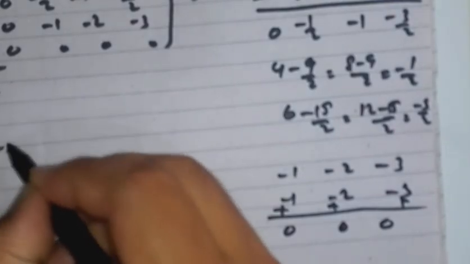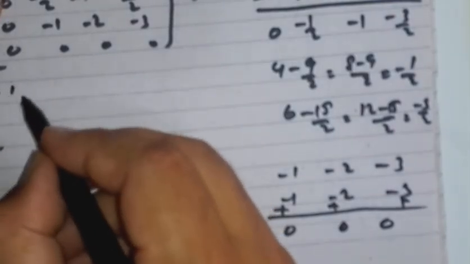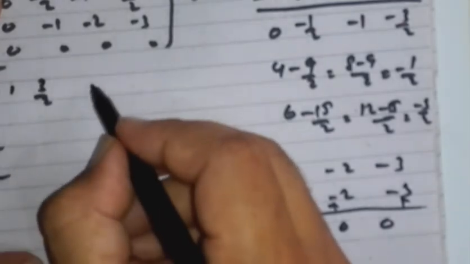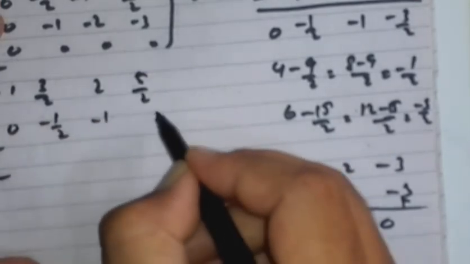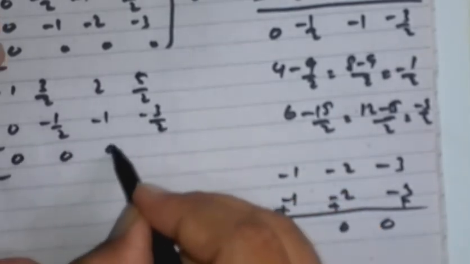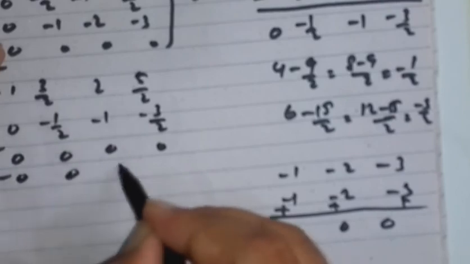So row operation: 1, 3 over 2, 2, 5 over 2, and here 0, minus 1 over 2, minus 1, minus 3 over 2, and here we get 0 0 0 0 and 0 0 0 0.